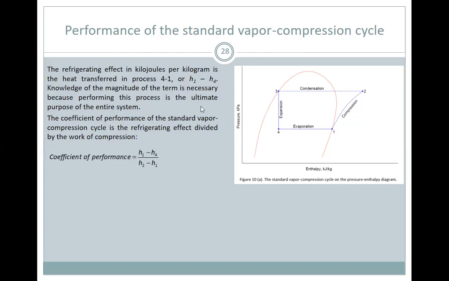Pag effect is per unit mass. So the coefficient of performance of the standard vapor compression cycle is the refrigerating effect divided by the work of compression. So this is coefficient of performance is h1 minus h4 divided by h2 minus h1. Diba? Nabaliktad na. Kasi kailangan positive siya.